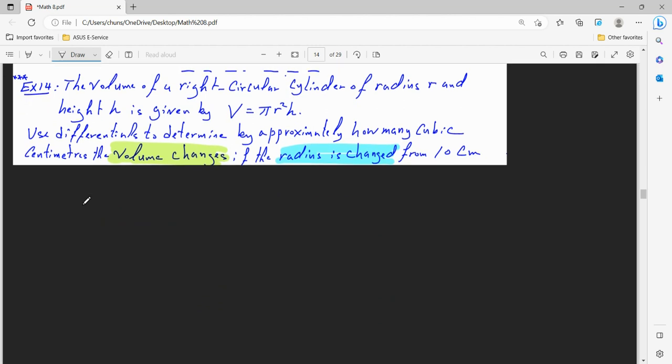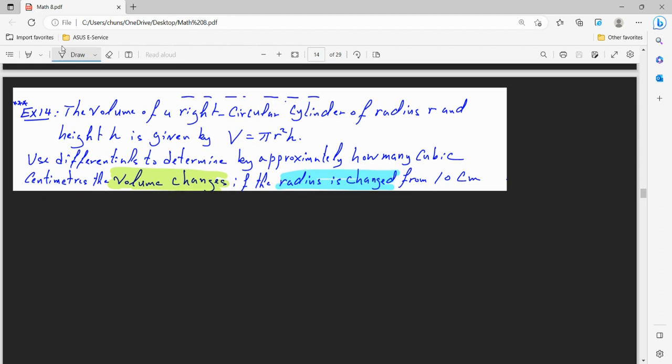Okay, so what happens if we're given a problem where we have to apply this to real-world examples? So the volume of a right circular cylinder has a radius r and a height of h and a volume of pi r squared times h. So this is h and our radius is r.